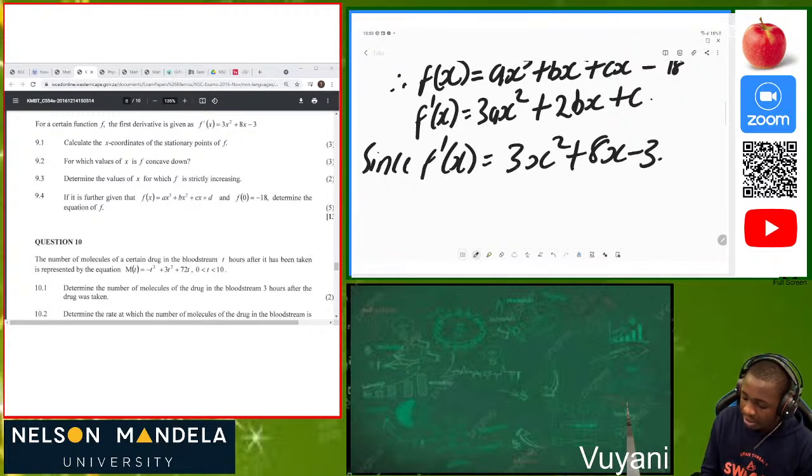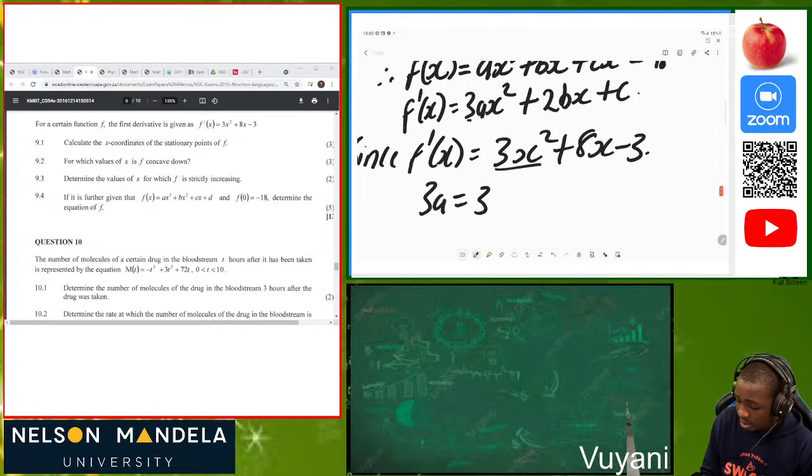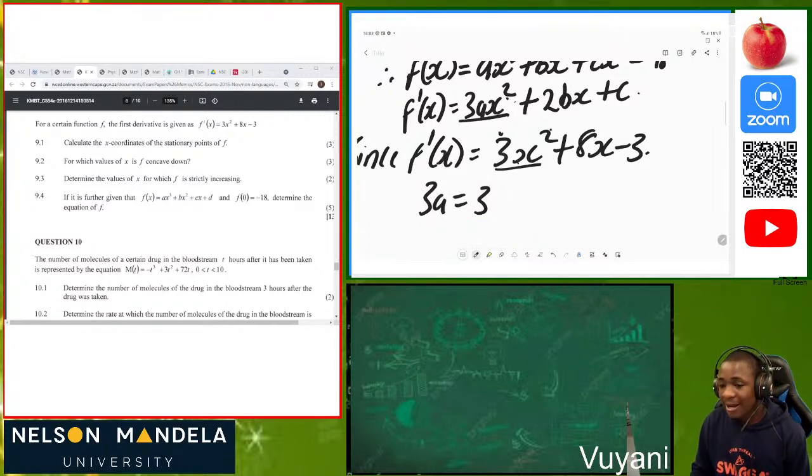We can see that 3a is equal to 3, because 3x squared and 3ax squared both have the same variable, x squared, so we just equate them.